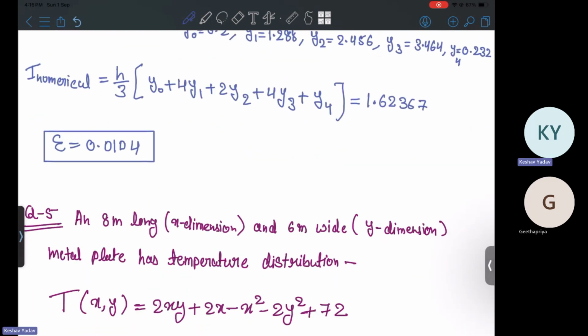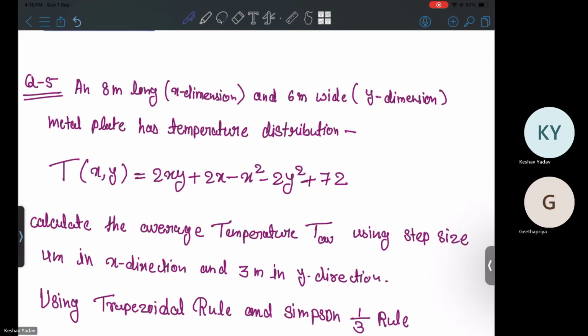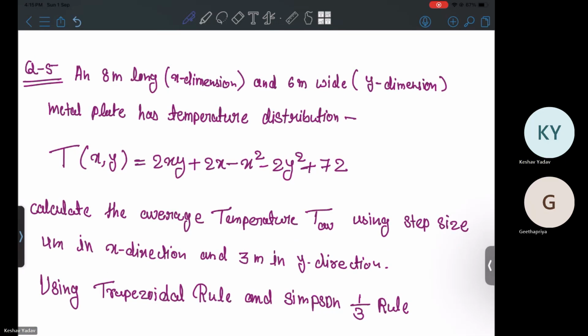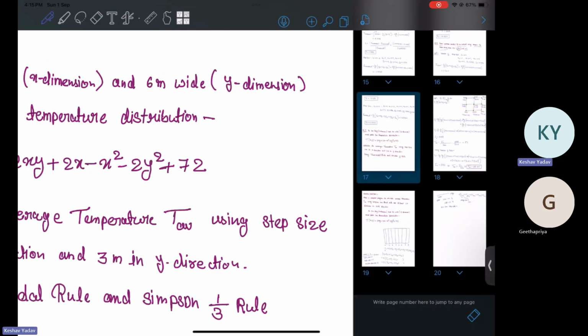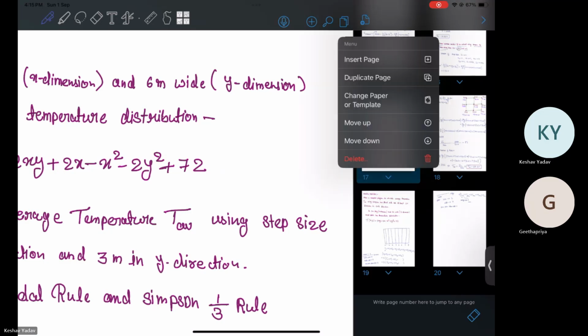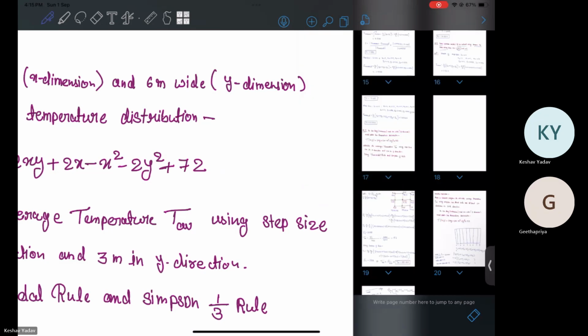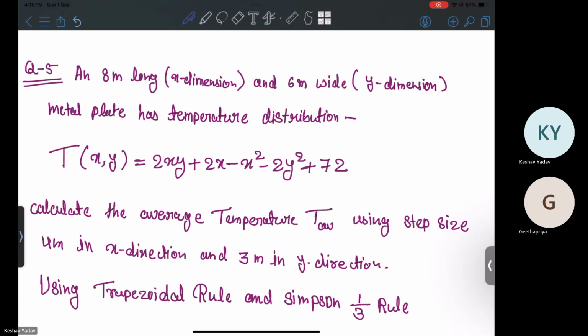Now we move towards the next problem, so let me add one more page. So this is the problem that we have.